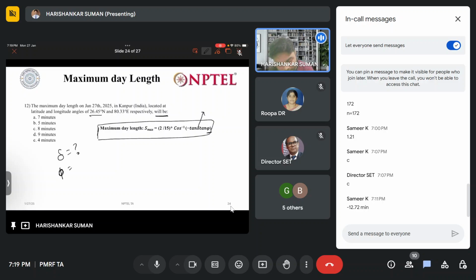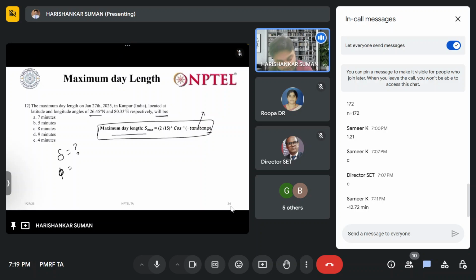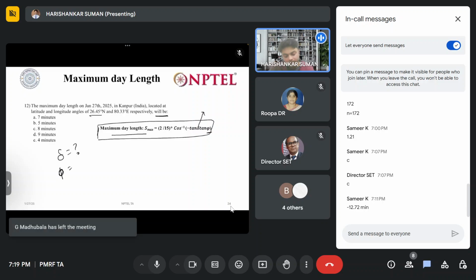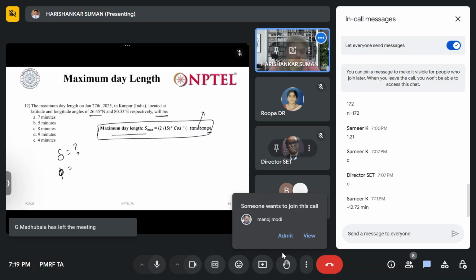Then put this expression and find the maximum day length. Please solve this question. You have 5 minutes for this question. Please try. After 5 minutes, I will solve this question.